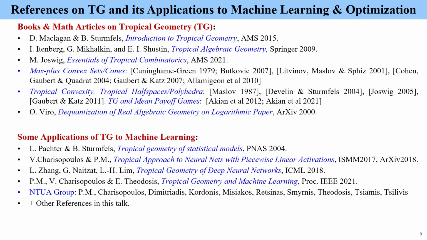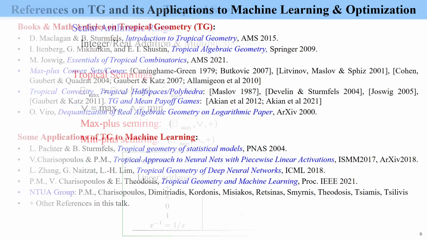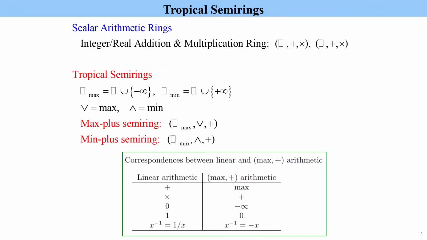Then our work started using tropical geometry to understand neural networks with piecewise linear activations, in parallel to the work of Zhang, Naitzat, and Lim. And we continued with the topics that you will hear today. Plus, there are many more references in this tutorial that I mentioned before.